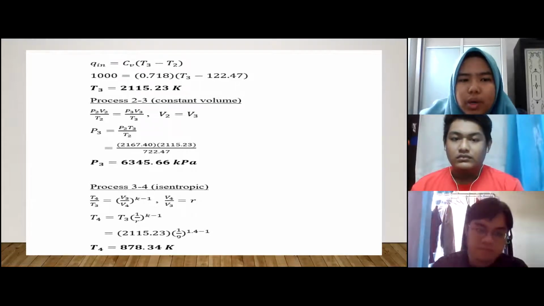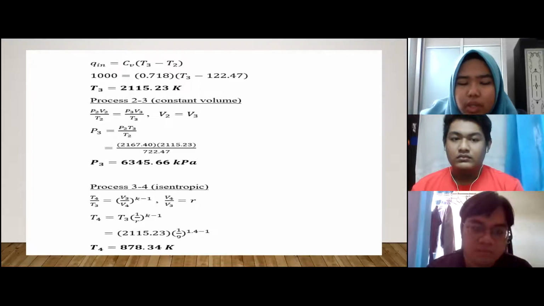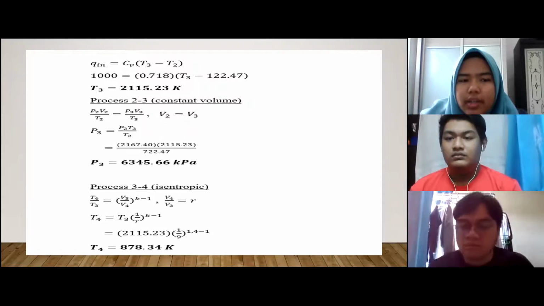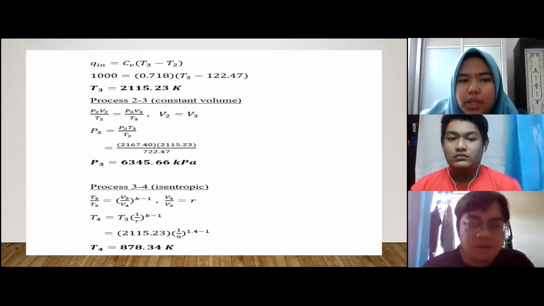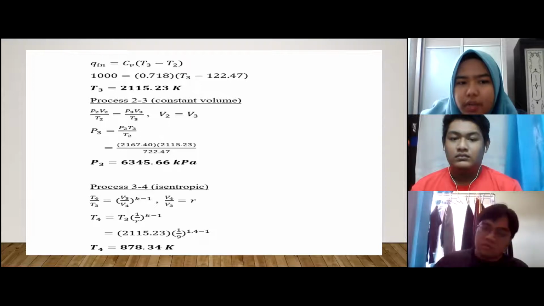So we continue with process 2-3, which is constant volume, to get the value of P3. We can use the equation P2 V2 over T2 is equal to P3 V3 over T3.